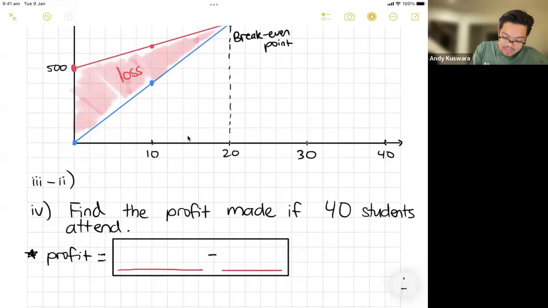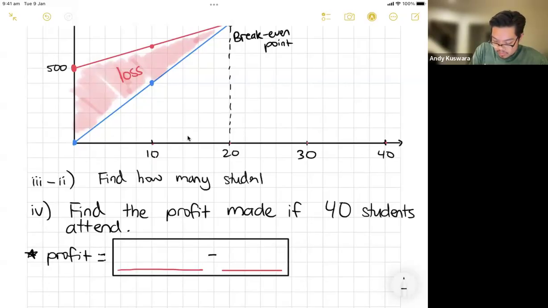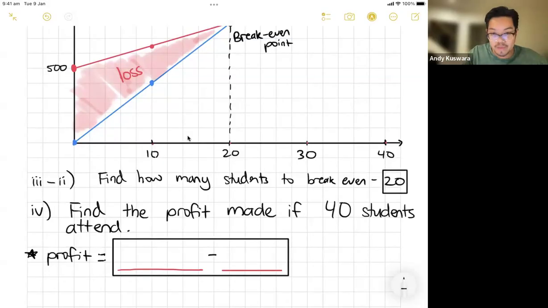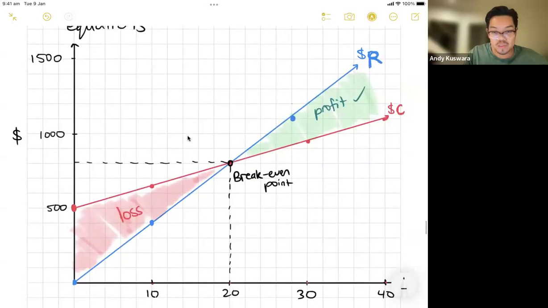Part two is find how many students to break even. And you can see here that I need 20 students for me to make my money back. So if I can get 20 students to this study day, I'm breaking even. I have not lost a single dollar.